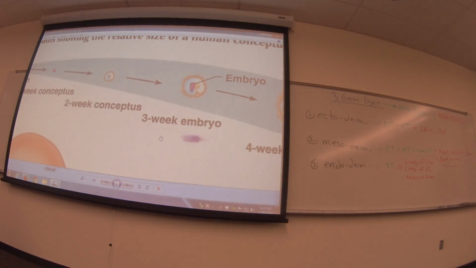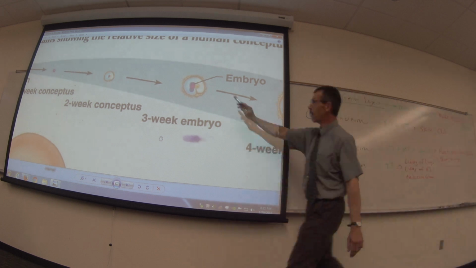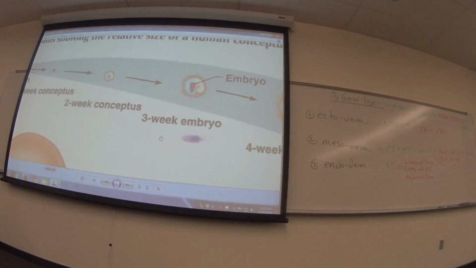So when you make organs, that makes you an embryo. So gastrulation, making layers of tissues. Week 3, you're now making parts, so we call you an embryo. All right? So now I'm an embryo because I'm beginning to make organs.